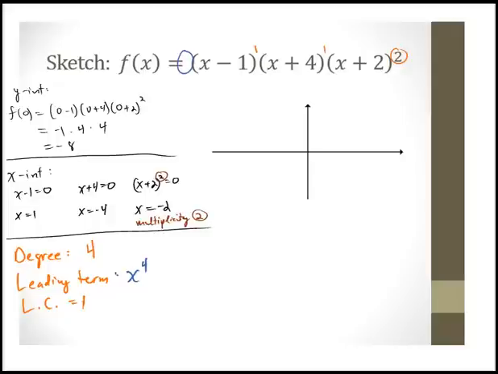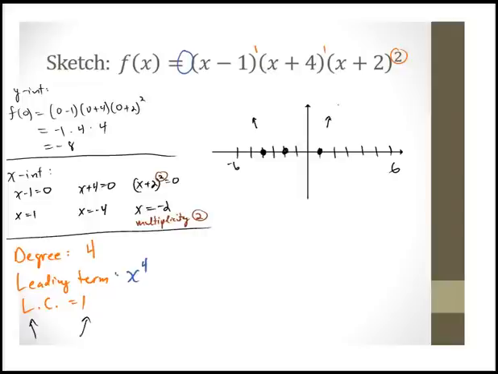So since I have an even degree and positive lead coefficient, my end behavior is up on both sides. Let me plot the x-intercepts at 1, at -4, and at -2. Plot my end behavior. A little bit to the left of -4, it's up. A little bit to the right of 1, it's up.